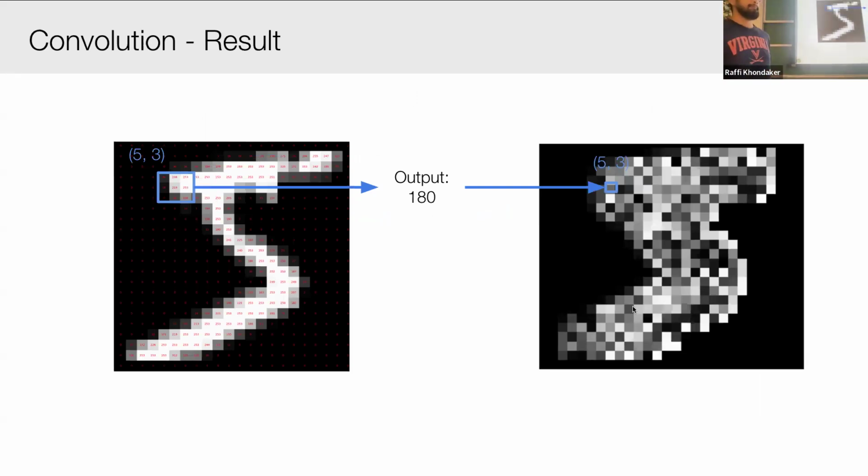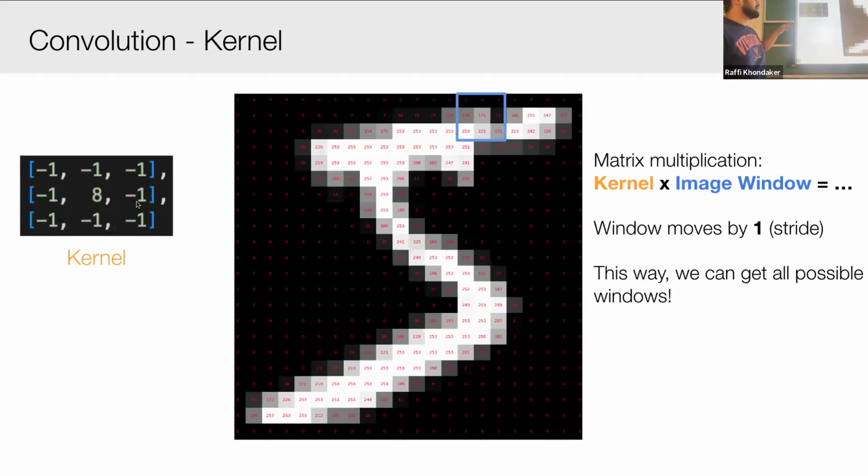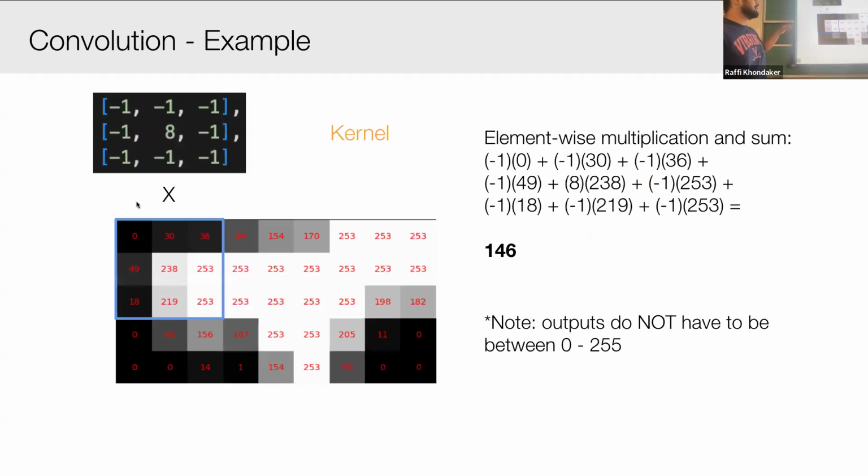Yes. Did you say the results of all of those multiplications are added up at the end? Yeah. So for example, if we did a convolution like this top left convolution, we multiply a kernel by this window of numbers, and we add those numbers up. In this example, we multiply each number of the kernel by the corresponding value in the actual image, and then we add those numbers up.